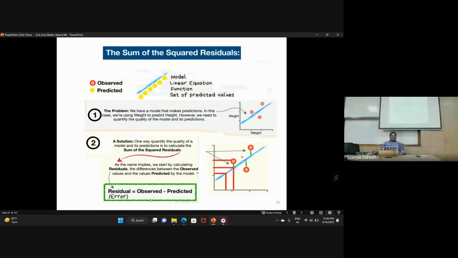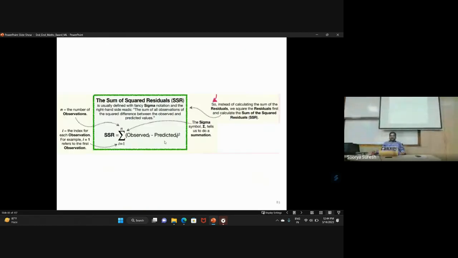This is one metric, the error, and here we compute the square of the error, and anyhow we need to add it for all the data points to get the sum of squared residuals. So why do we need to square? Without squaring, is there any impact if we don't square the error?